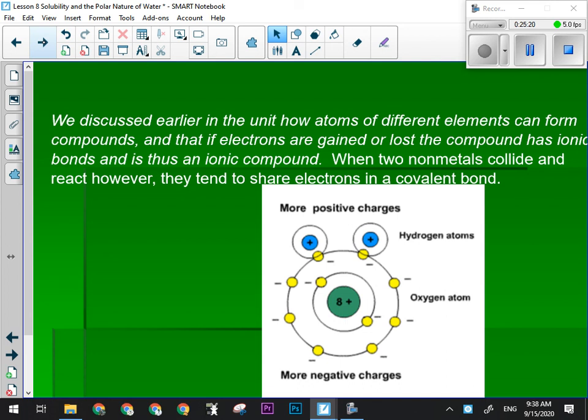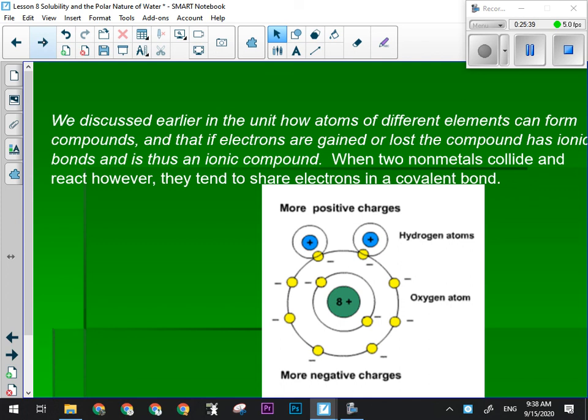So what that means is oxygen holds onto electrons far more tightly than does hydrogen. So when they're in a compound together, the electrons they're sharing spend more time with oxygen than they spend with hydrogen.